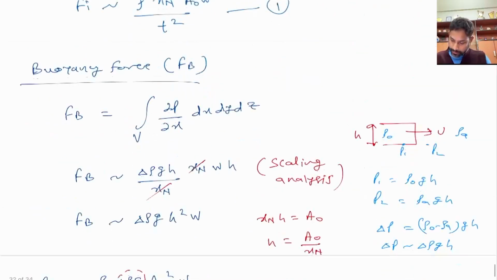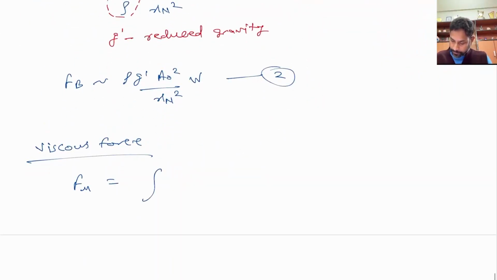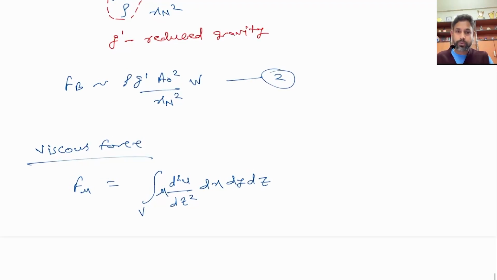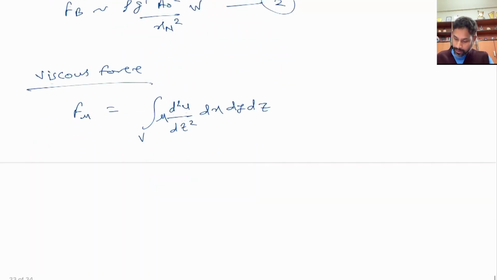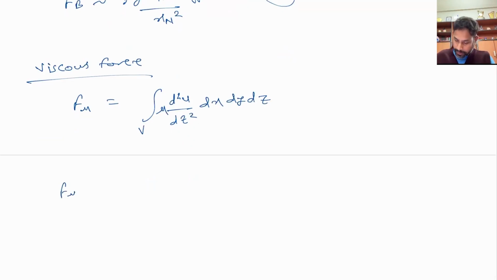So this is integrated over the volume, d square u over d z square dx dy dz, and there is a mu term, right? So again scaling analysis will give us mu u over h square xn w h.